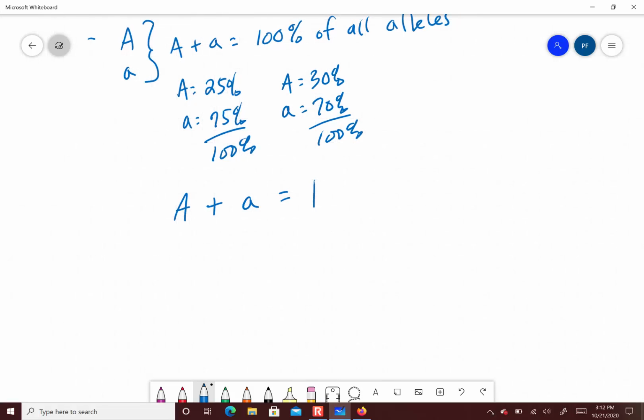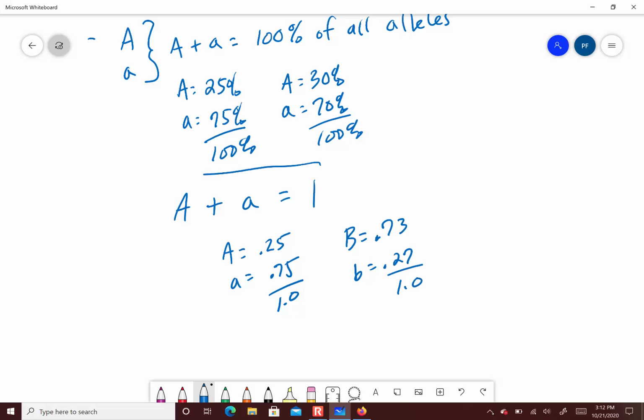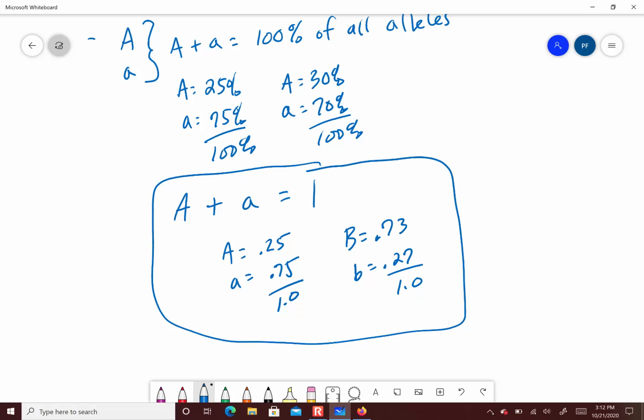So if big A is 0.25, little a is 0.75, and it adds up to 1. Big B is 0.73, little b is 0.27. Still got to add up to 1. So that's kind of what we're going to see with population genetics and allele frequencies.